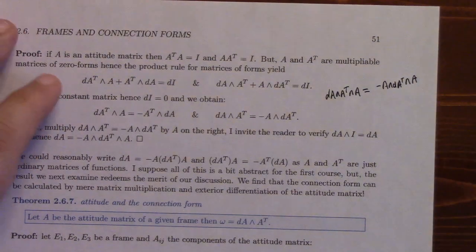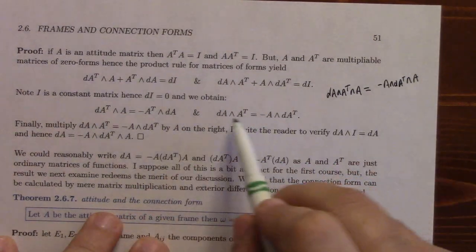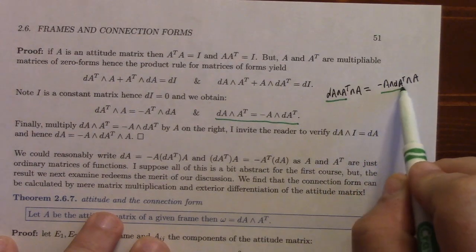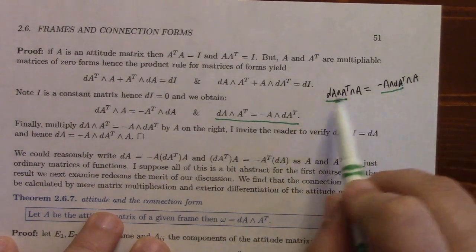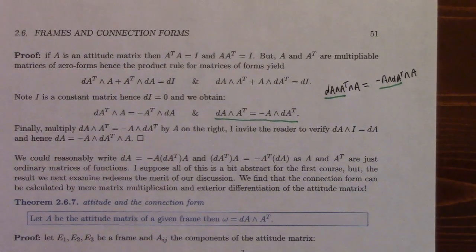So let me just do some color coding here. This was what we had. I'm doing this part and that part unaltered from that, and I'm just wedging with A on the right there.